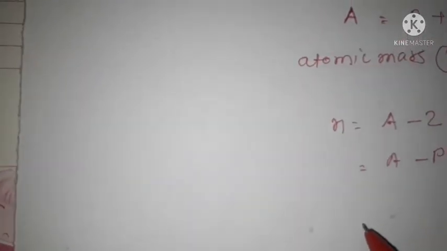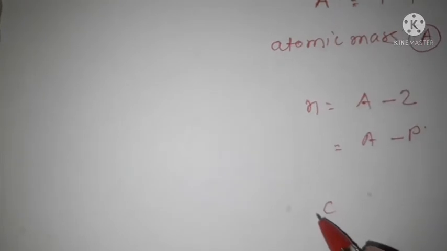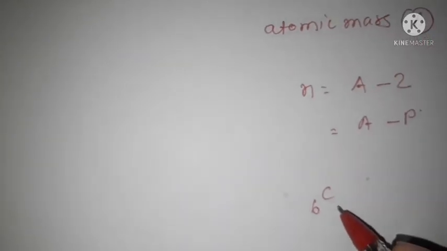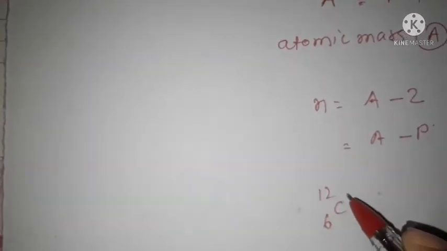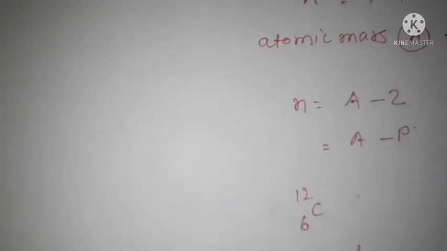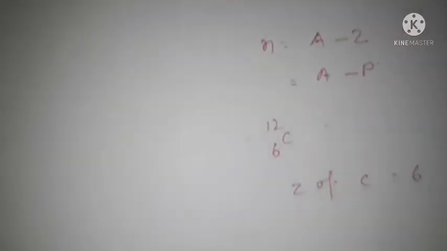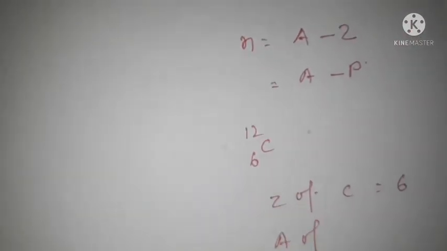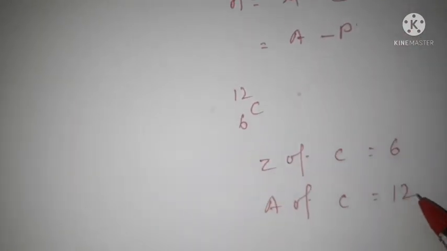If we take carbon as an example, Z of carbon is 6 and A of carbon is 12.